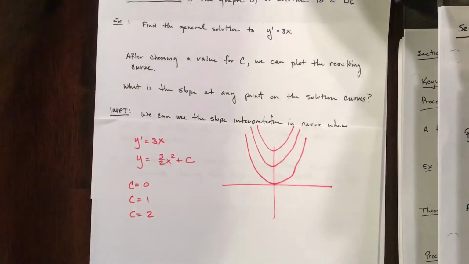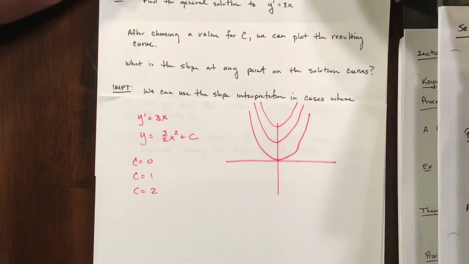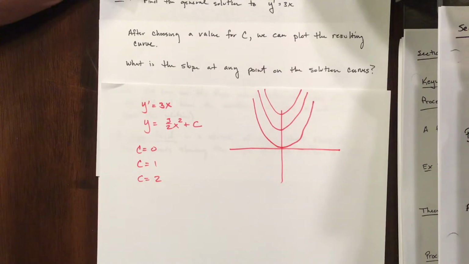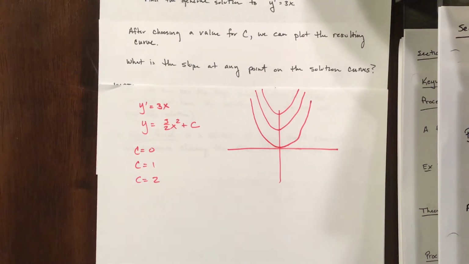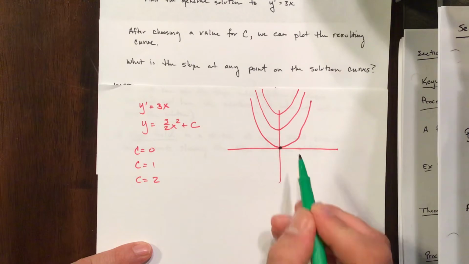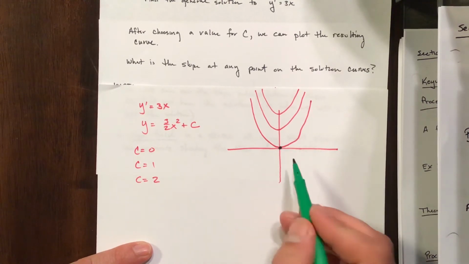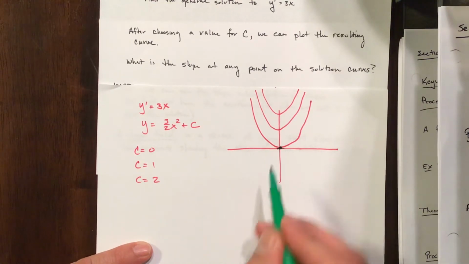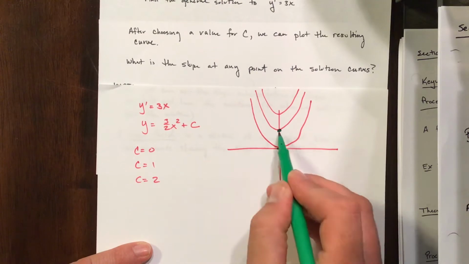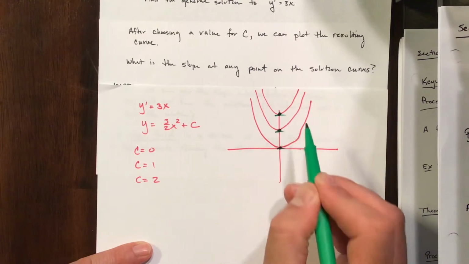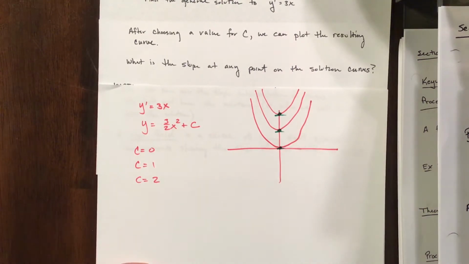Now, this is just an example I'm using to illustrate a point. The point I'm getting at is the next step. What is the slope at any given point on the solution curves? If I look right here, what is the slope of the tangent line? What's y prime? Well, it's 0. What's the slope right here? It's 0. What's the slope here? It's 0. Now, why is it all 0?